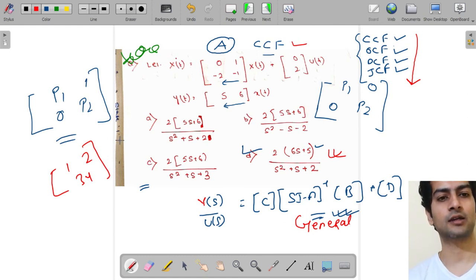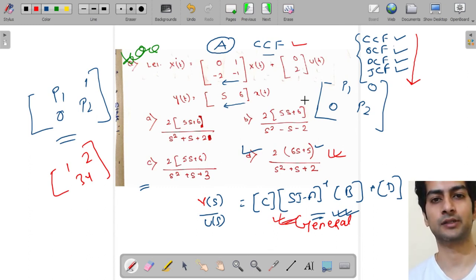You will not say that the model was not in any form, so I didn't solve the transfer function. No, you will go for the general method. So the general method is used when the state model is not in any canonical form. Otherwise, if the state model is in canonical form but you are not able to identify it, then also go for it. I hope it is clear and there is no doubt now.